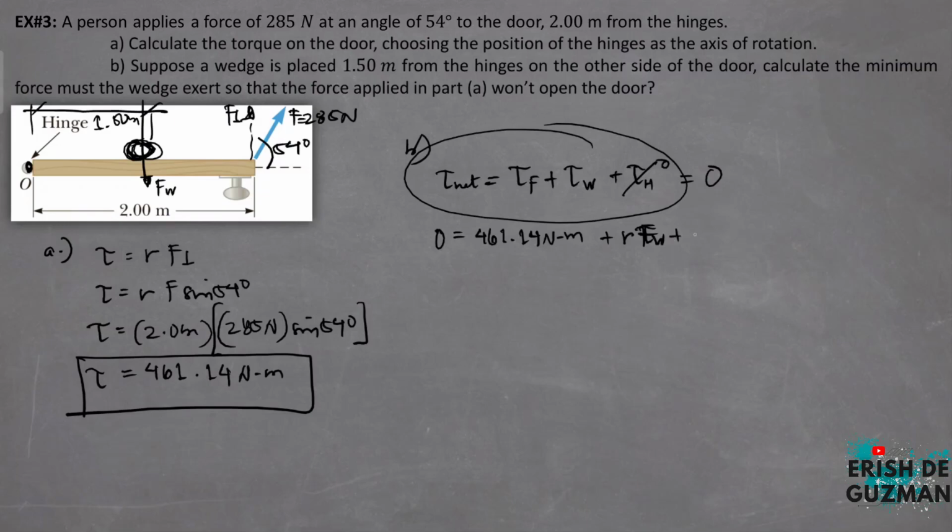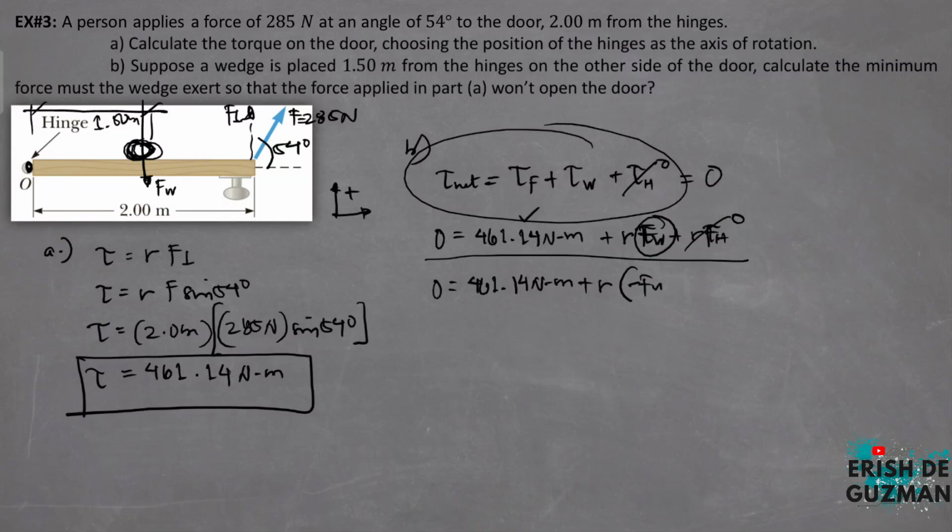Plus yung radius ng hinge times that force ng hinge, which is 0 na to. So, using this equation, masasolve na natin yung force ng wedge. Positive ito, and ang negative natin is yung force ng wedge. So, this is negative. 0 equals 461.14 Newton meters plus radius times the negative force ng wedge.